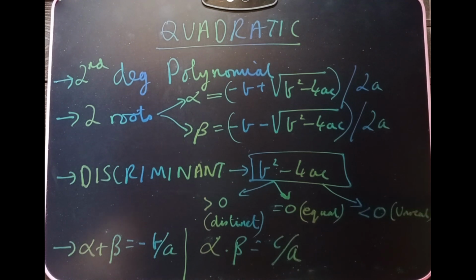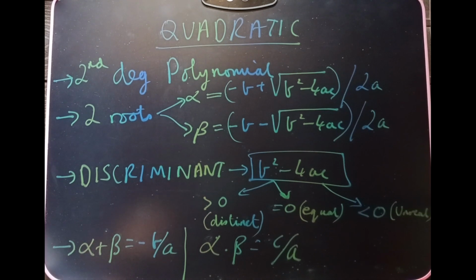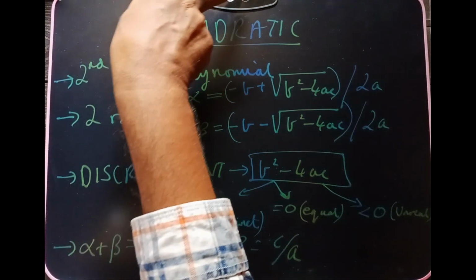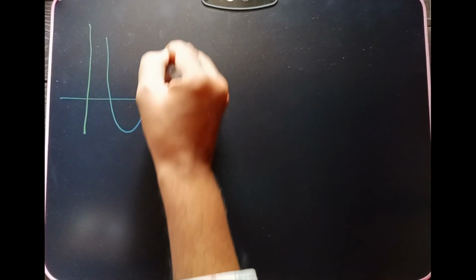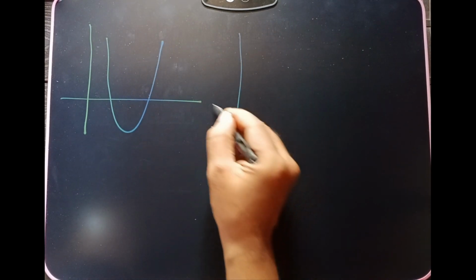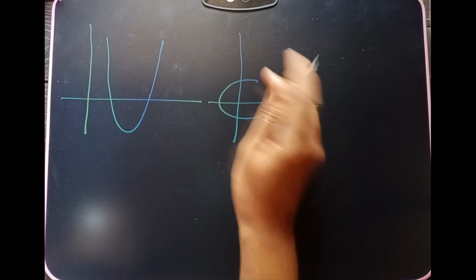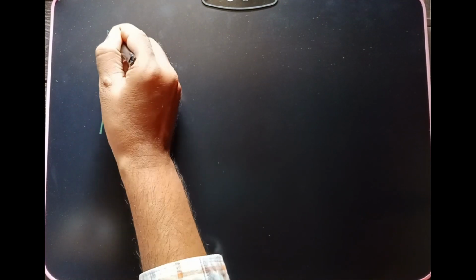Then we have seen different shapes and how those shapes are represented in terms of equation. What are the shapes we have seen? We have seen parabola. I'll wipe it out, one minute.